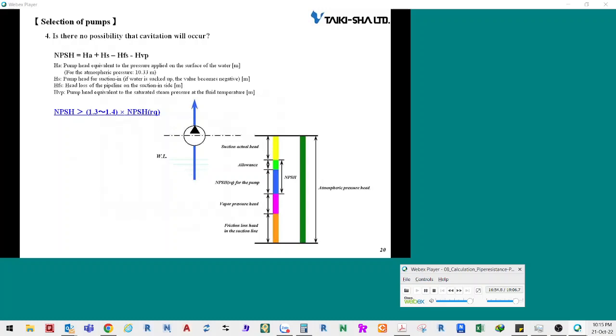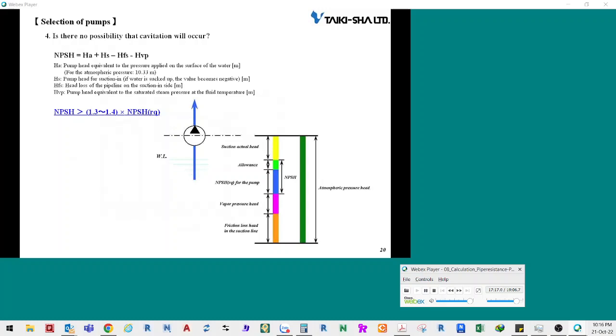For centrifugal pumps, cavitation is likely to occur at the impeller inlet. If cavitation becomes more severe, noise and vibration are generated, and pump performance and efficiency drop. As a result, water cannot be sent.